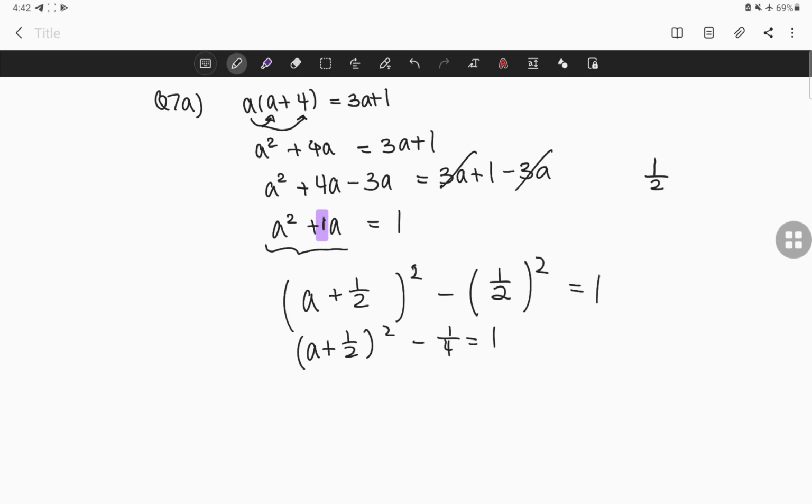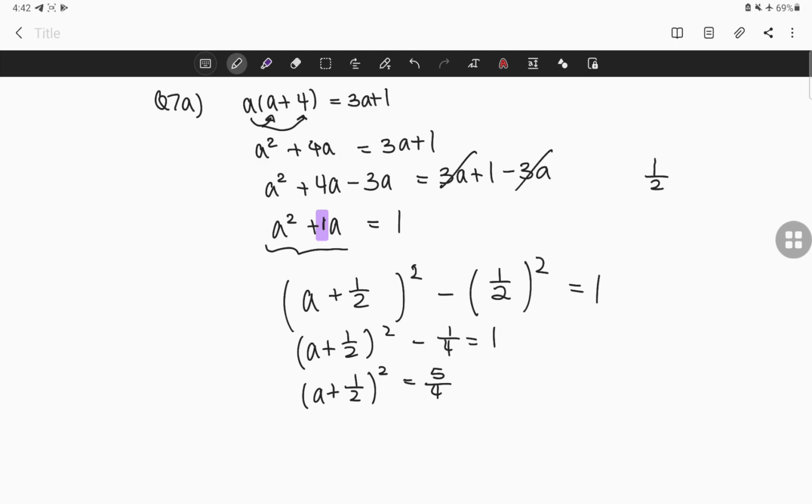Now I will add 1 over 4 on both sides of the equation, so that I can bring all the constant terms to the right hand side of the equation. And this would give me a plus half, the whole thing squared, equal to 5 over 4. Do you notice that this is similar to what we have been doing so far for question 2c, 2d, and 5a?